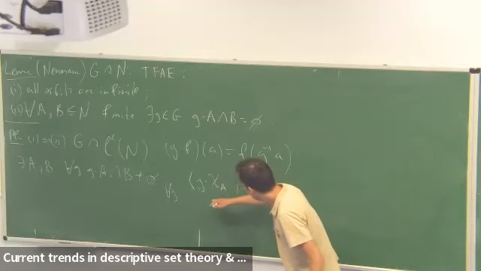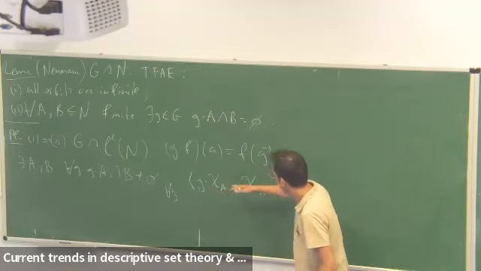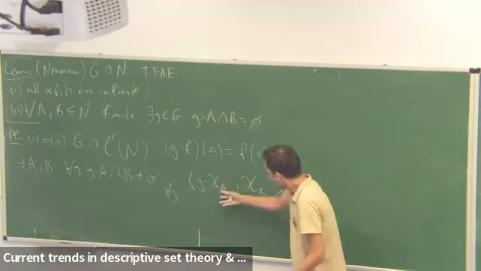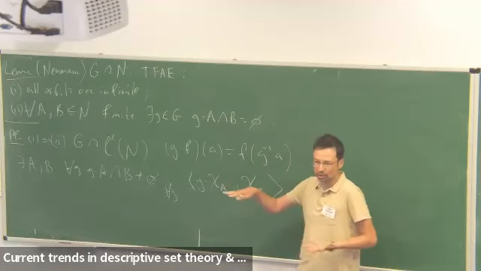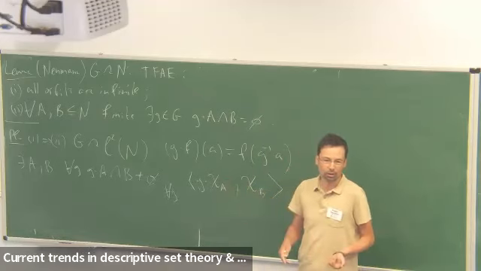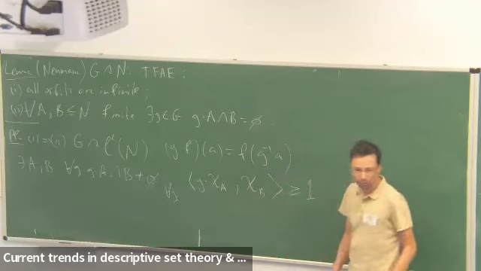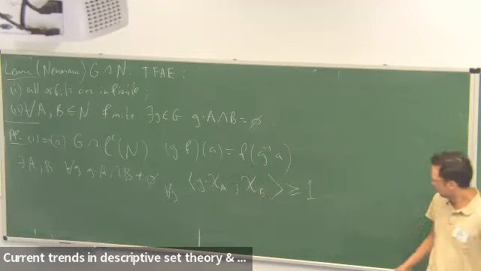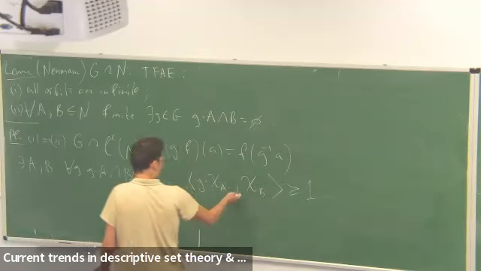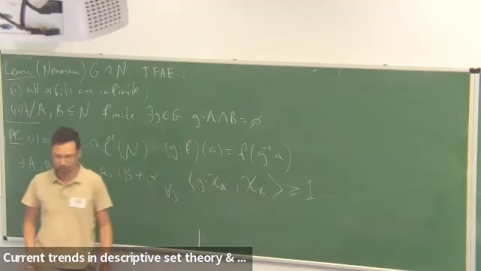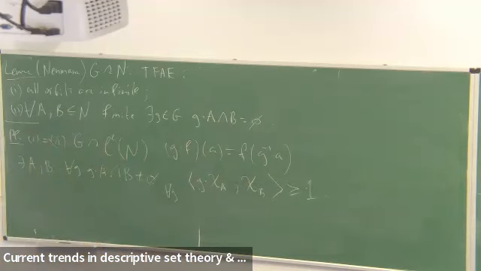The sets gA and B intersect, and the inner product between two characteristic functions is just the size of the intersection. Because they intersect non-trivially in at least one point, this inner product is at least 1. Okay, so this is the first observation. And then the second thing that we do is we look at a set.